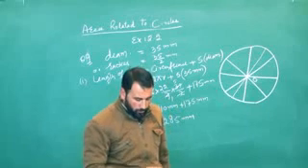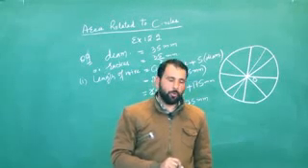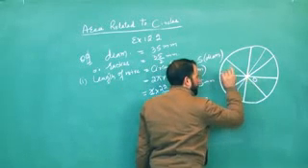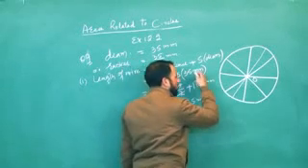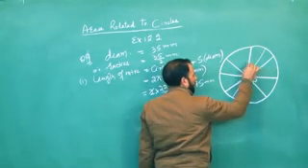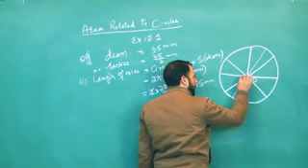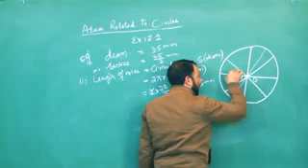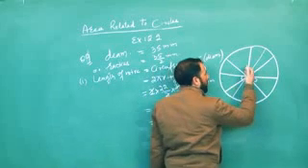285 millimeter is the total length of the wire which we use in making this circular brooch along with the 5 diameters. Now the second part of the question is the area of each sector of the brooch. This brooch is divided into 10 equal sectors by these 5 diameters: 1, 2, 3, 4, 5, 6, 7, 8, 9 and 10. The sector angle can be found as follows: we know the complete angle is equal to 360, and it is divided into 10 equal parts.